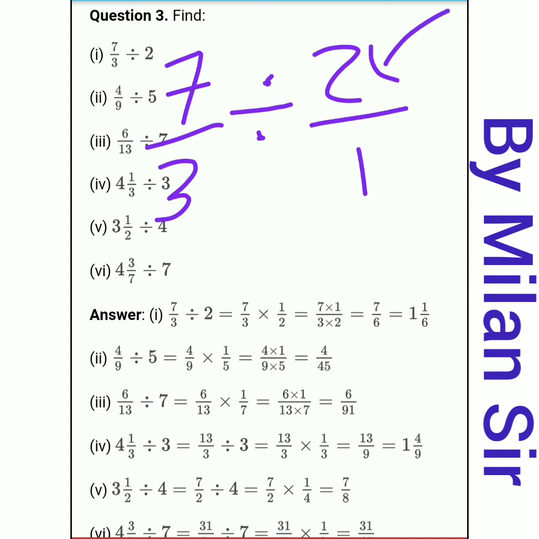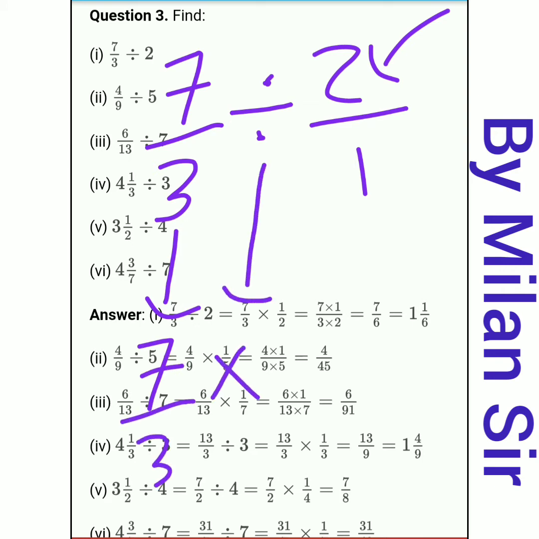Here only 2, nothing is present in the denominator, so we can write 1. Then our first number as it is, 7 by 3, division converts into multiplication, and we need to take the reciprocal of the second number. Now the reciprocal of 2 by 1 is 1 by 2.